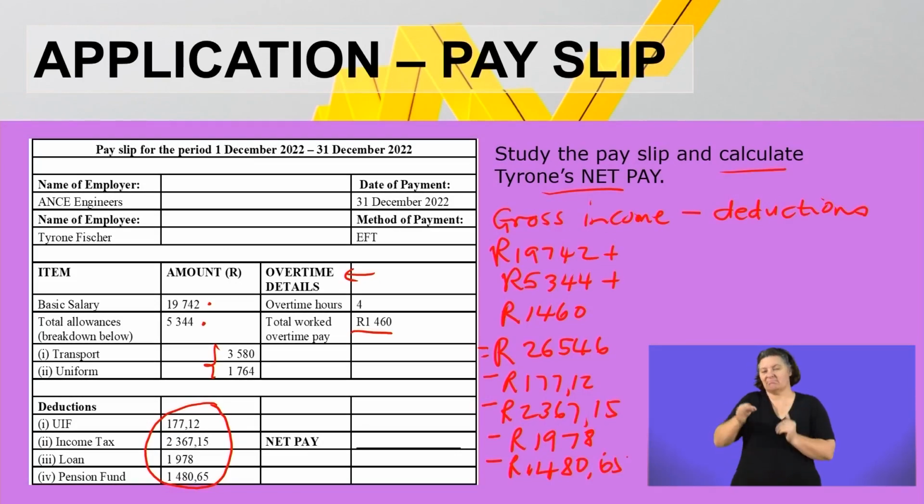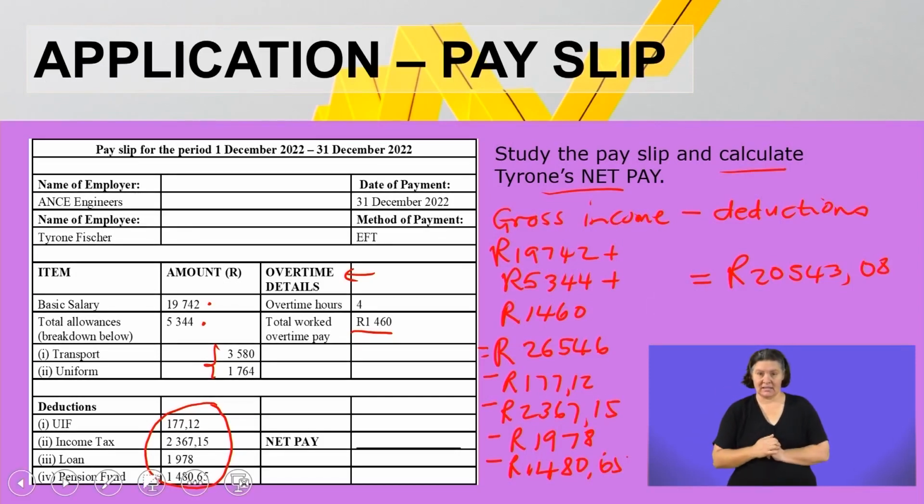So 26,546 minus 177 Rand 12 cents minus 2,367 Rand and 15 cents minus 1,978 Rand, and then lastly minus 1,480 Rand and 65 cents. Therefore, his income will be 20,543 Rand and 98 cents. So that is his net income, income after all the deductions.